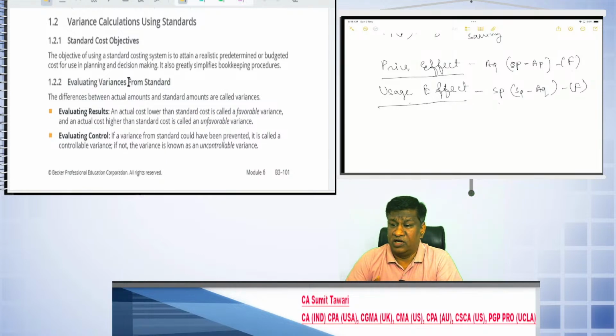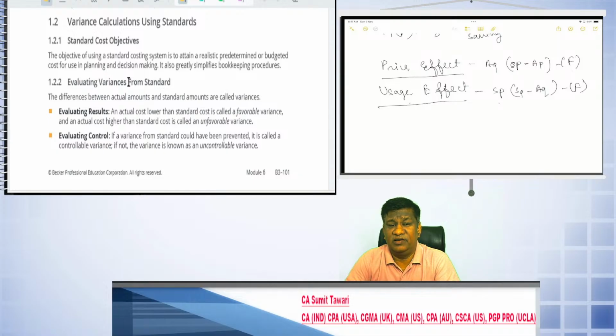Either you can look for an alternate supplier, maybe even geographically. If today you are buying from the US, you may get the same material from Europe or Germany, so you can shift the supplier. Or you may find an alternate material. Say for a manufacturing process you may require some carbon product, but instead you may use a steel plate or something like that. That could be the alternate.